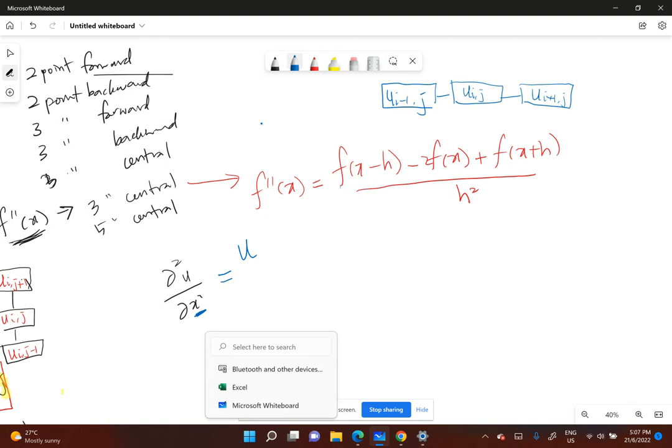Fx minus H. Gordon, you what? Gordon here? Yes. So we start with, if let's say X minus H. That means this one is U. Apa Nampaknya semua tak faham lagi ni.